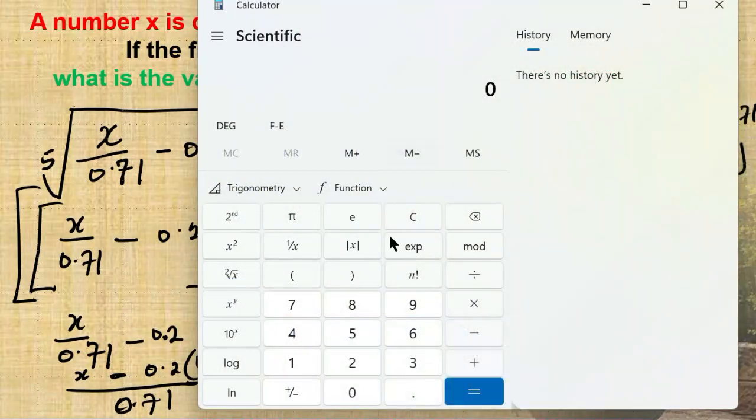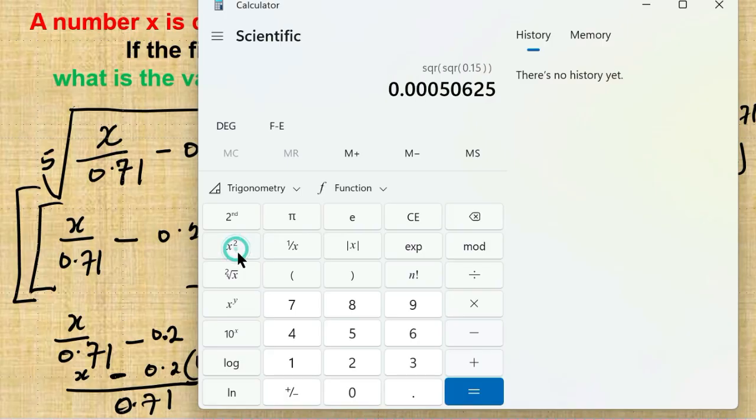Let's find 0.15 raised to the power of 5. If you have a calculator with low memory like mine, you have to take it gradually. I can take the square first: 0.15 times 0.15. Then square times square, 0.15 times 0.15 times 0.15 times 0.15. Now times finally 0.15.